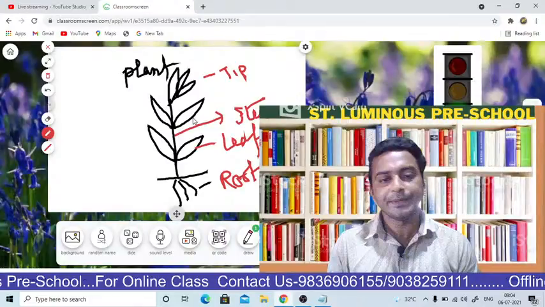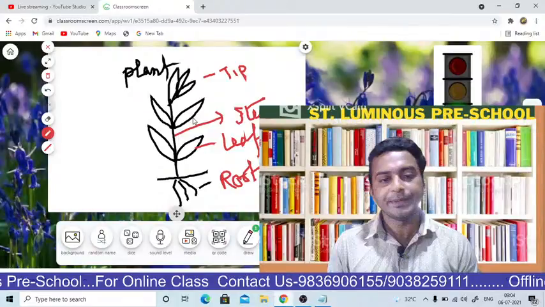Actually, we need to understand what is the function of the root. The root functions as an absorbing organ. All of you know this is the root system which absorbs water and the nutrition also.